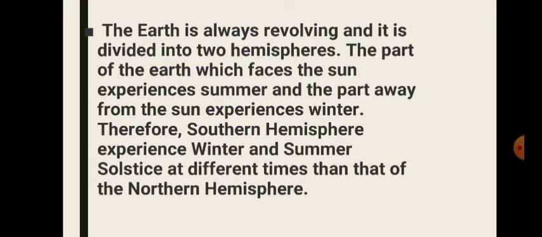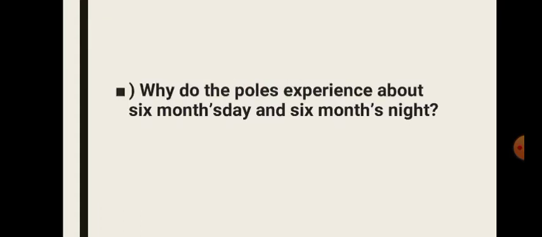The earth is always revolving and it's divided into two hemispheres. The part of the earth which faces the sun experiences summer and the part away from the sun experiences winter. Therefore, the southern hemisphere experiences winter and summer solstice at different times than that of the northern hemisphere.